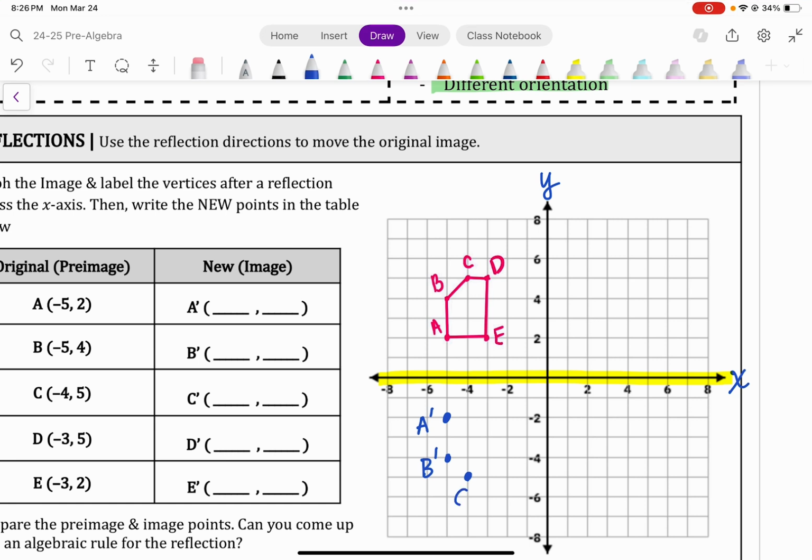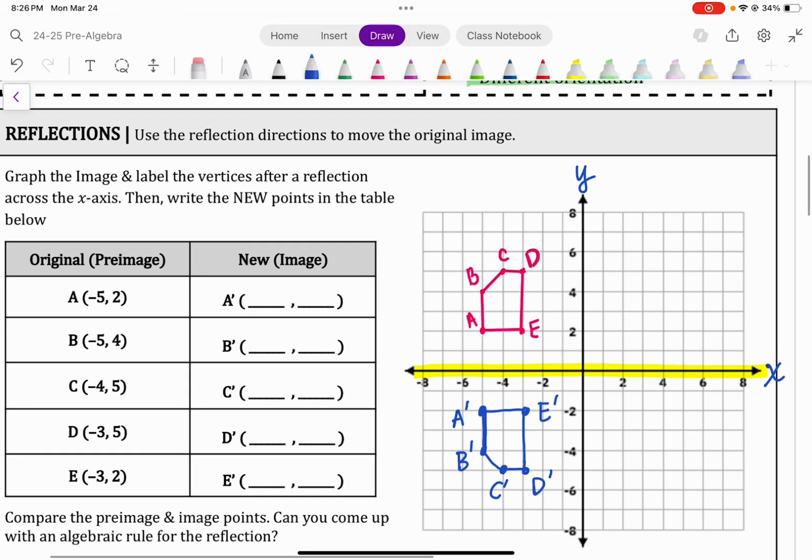D is 1 over from that. And E, 2 above, so E prime is 2 below. Now we're going to connect all those points. And we've got A, B, C, D, E prime.